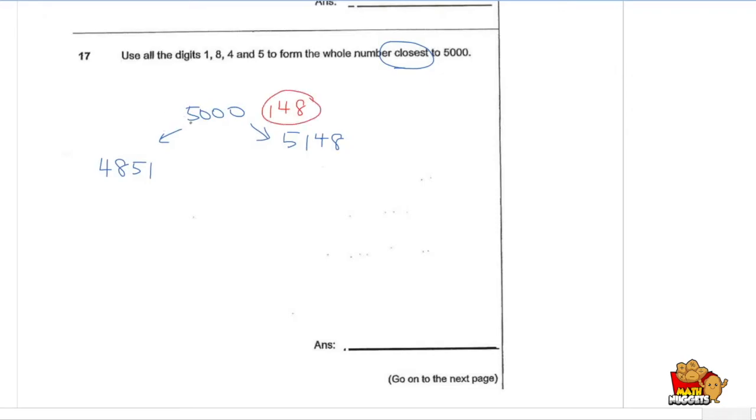The difference between 5,000 and 4851 is, let me work out, 149. So close. So the answer should be 5148.